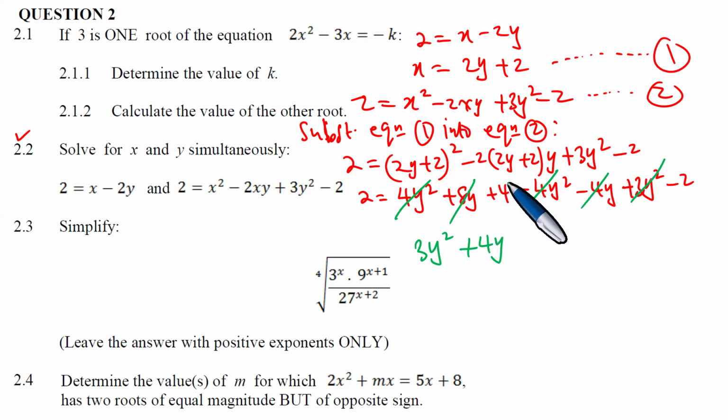And then we have 4. This 4 minus 2 gives us a 2, which cancels with this.